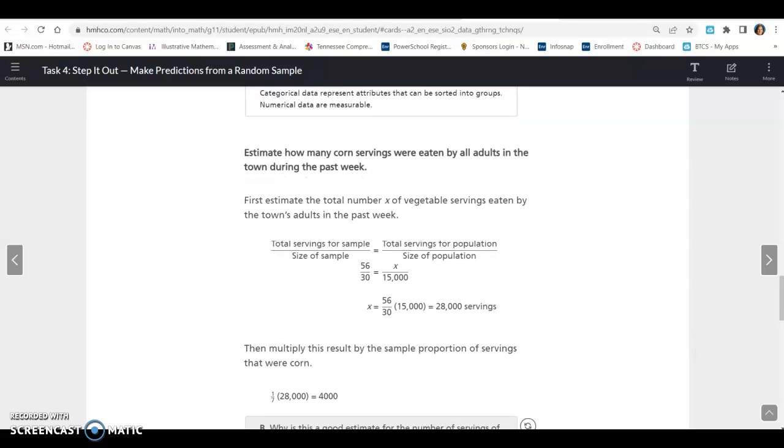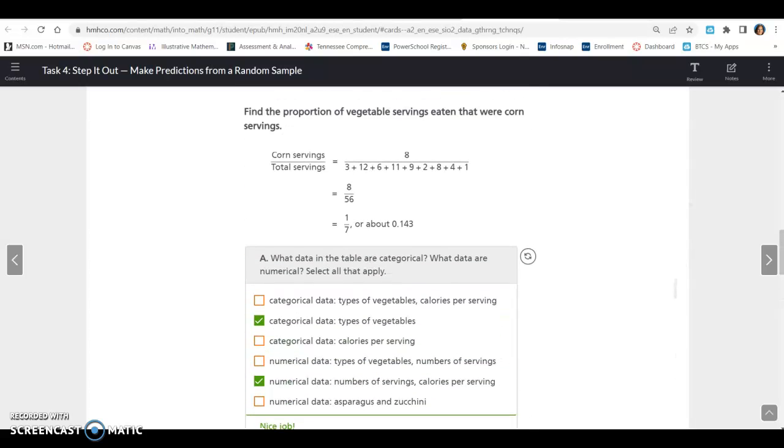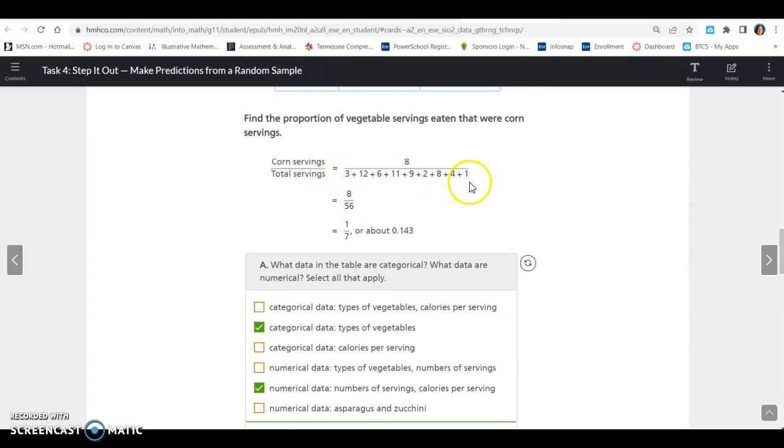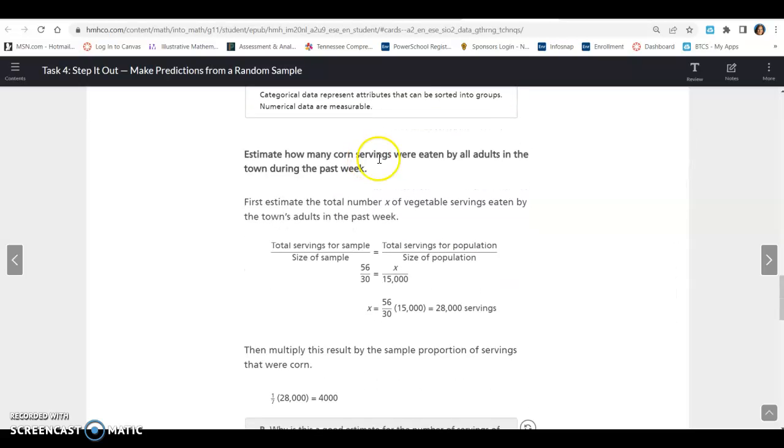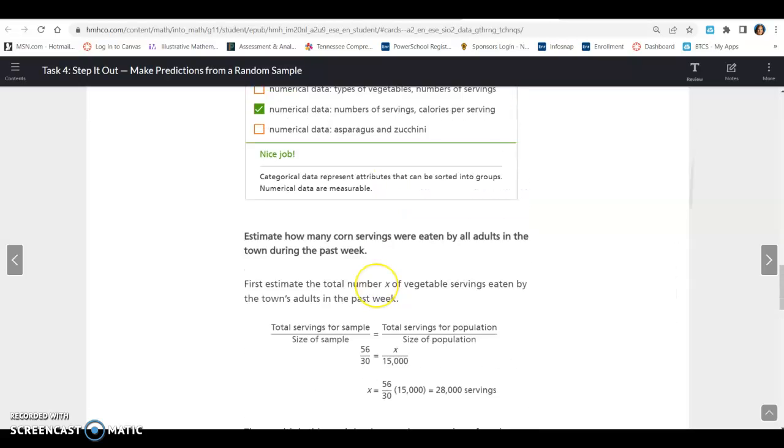Estimate how many corn servings were eaten by all adults in the town during the past week. So first, estimate the total number of vegetable servings eaten by the town's adults in the past week. So they're going to do total servings for the sample. We know the total servings were 56. That's already been added up. That's divided by 30 because that's your sample size.